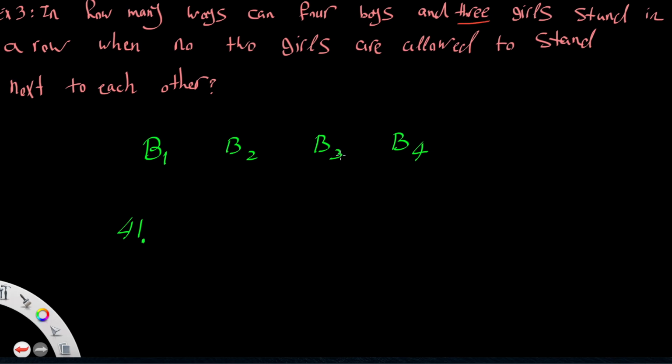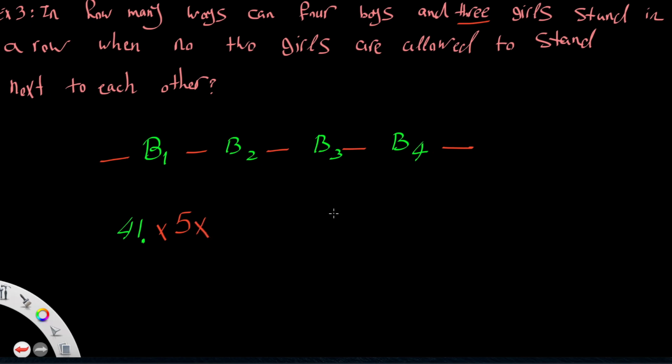So these are the positions in which the girls can stand. Why? Because there should be at least 1 boy between any 2 girls. For the first girl, there are 1, 2, 3, 4, 5 places available to stand. So it is the number of options for the first girl.